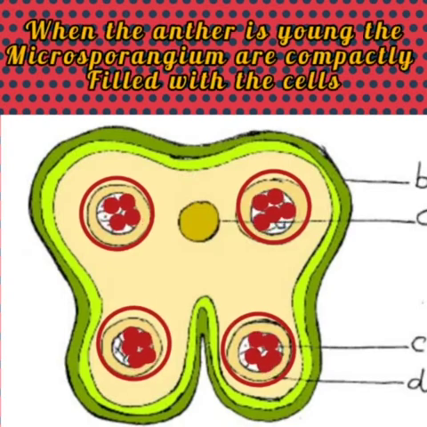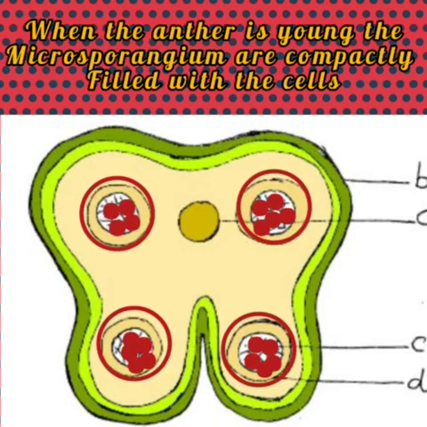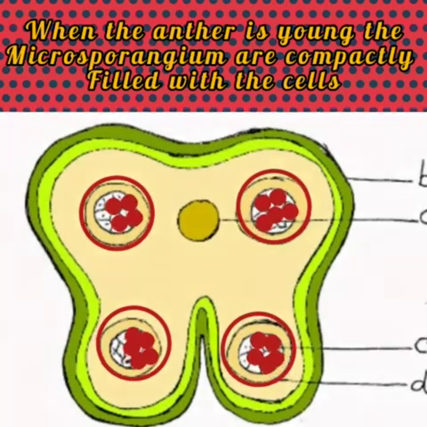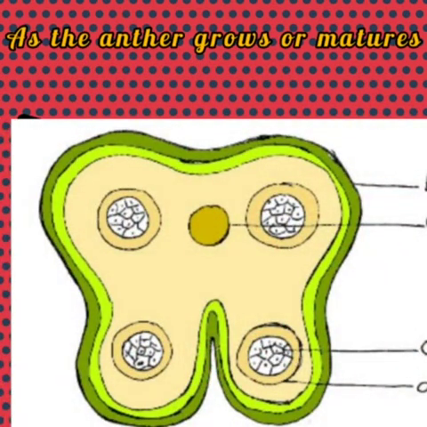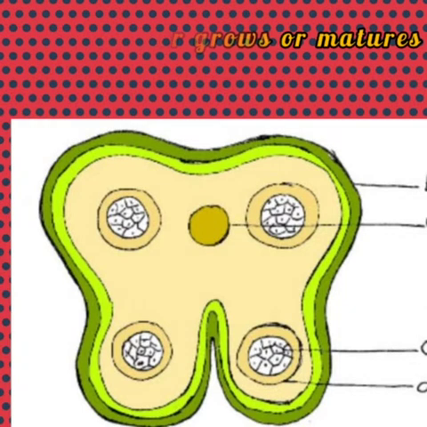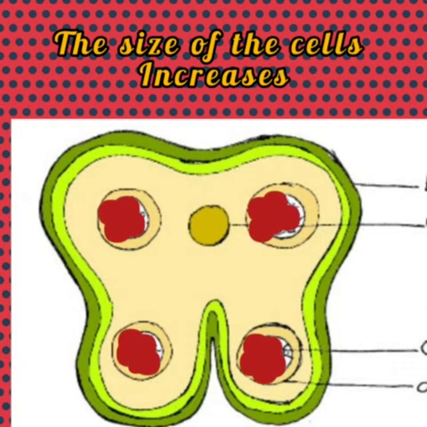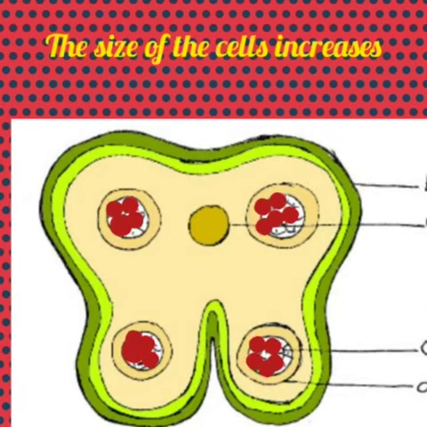Now students, when the anther is young, the microsporangiums are compactly filled with the cells. But as the anther grows or matures, the size of the cells also increases.